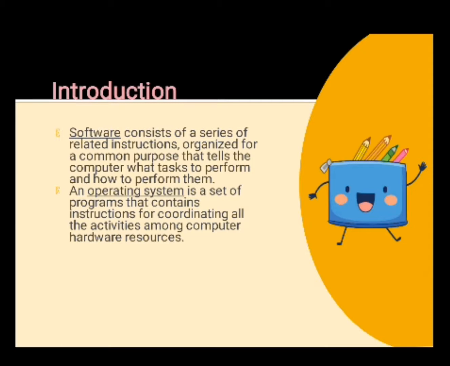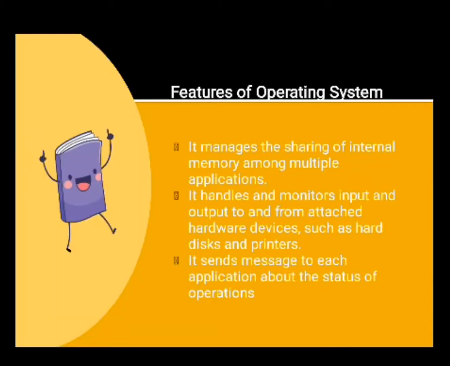The operating system resides inside the hard disk of a computer, and when you turn on your computer, it gets loaded from the hard disk into the primary memory. Operating system monitors different programs and users to make sure that everything runs smoothly without interference. Operating system also has a vital role to play in security. We have some features of operating system.